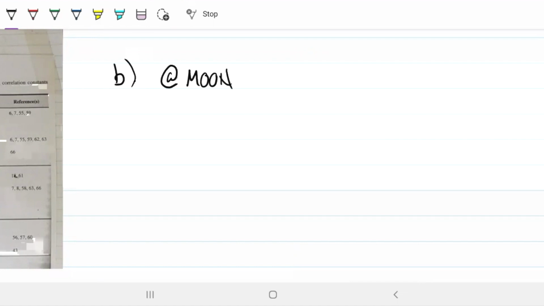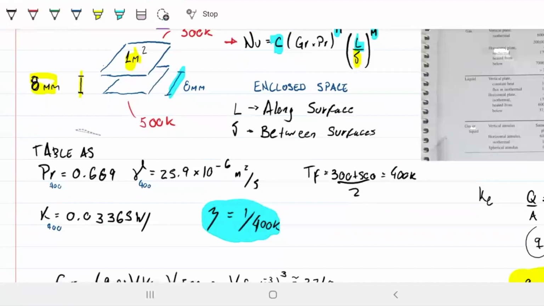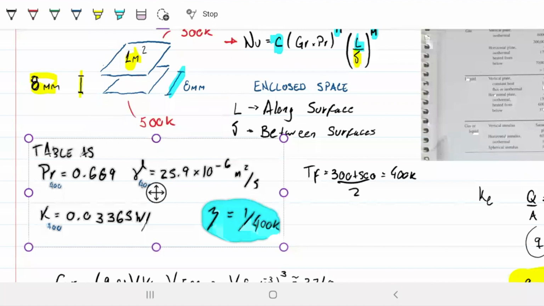Well, we still need to grab our properties. It's still air. We're still looking at properties at 400 because the temperatures did not change, and pressure is still one atmosphere. So under those conditions, everything here is going to be the same. All these guys here will be the same.